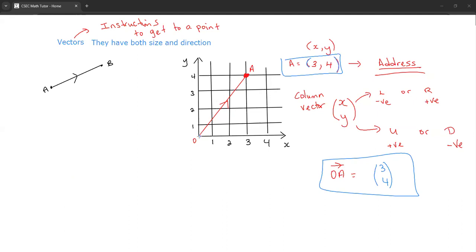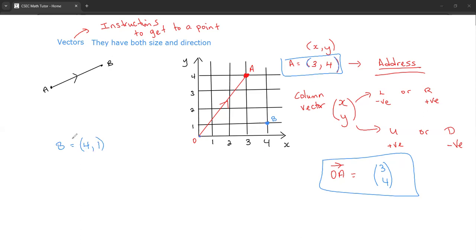So let's say they gave you this, and let's say they gave us this point here. So let's say this point is B. Now, the location of B or the address of B is going to be 4, 1, right? So you put the X first and then the Y.